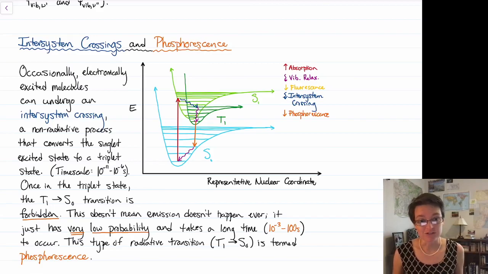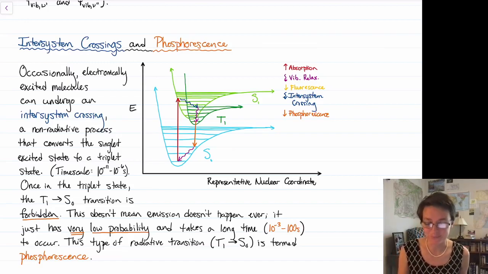Or our glow sticks, when you break your glow stick to start and shake it to start having it emit light, that's a phosphorescence process where you're undergoing a chemical reaction to go up to the excited state, and then slowly, occasionally photons get emitted in a phosphorescence process. So when you think phosphorescence, think glow sticks, and you know how long those last, many hours, and it's because of that forbidden transition between the triplet and the singlet state. Pretty cool.